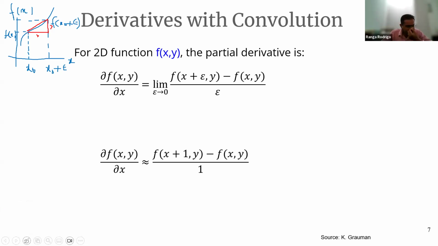So the derivative will be f at this point, x naught plus epsilon, minus f(x naught), divided by this distance. This distance you can see is epsilon, right? This distance is epsilon.